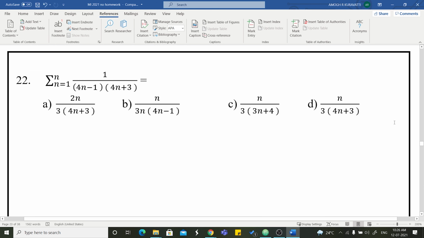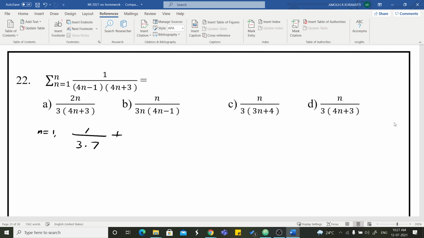Next problem. Sigma n is equal to 1 to n of 1 by (4n minus 1) into (4n plus 3) is equal to. First, split up the term given. Put n is equal to 1, first term. What is the first term for n is equal to 1? 1 by 4 into n value 1, 4 minus 1, 3, into 4 plus 3, 7.